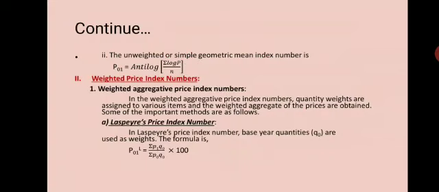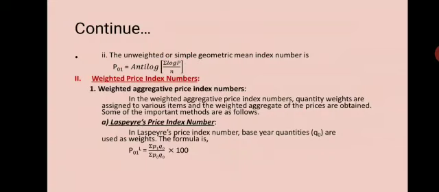The weighted price index numbers, in that the first method, weighted aggregative price index numbers. In the weighted aggregative price index numbers, quantity weights are assigned to various items and the weighted aggregate of the prices are obtained.